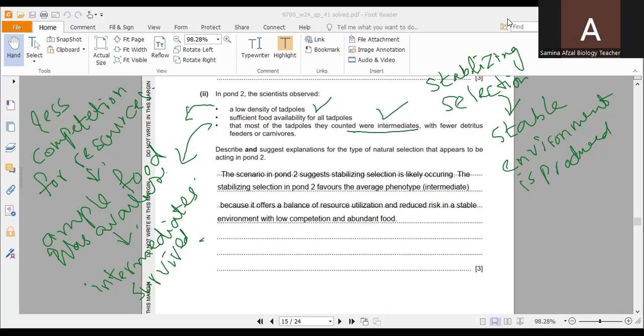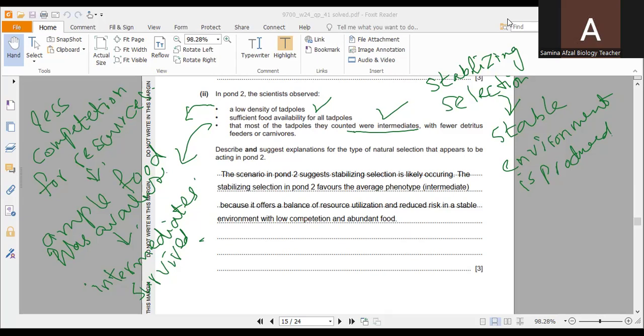So there will be a reduced risk from the carnivorous tadpoles which depend on other animals. So in this way, the carnivore risk is reduced, so predation is also reduced.